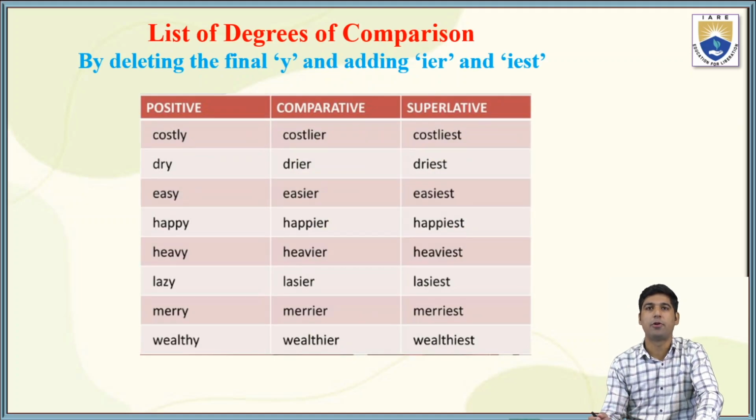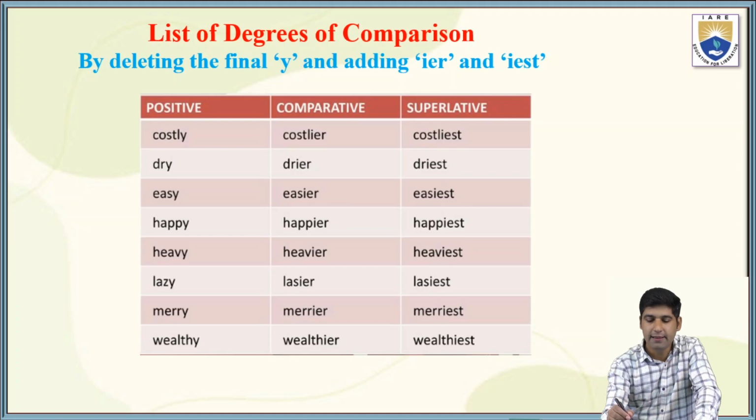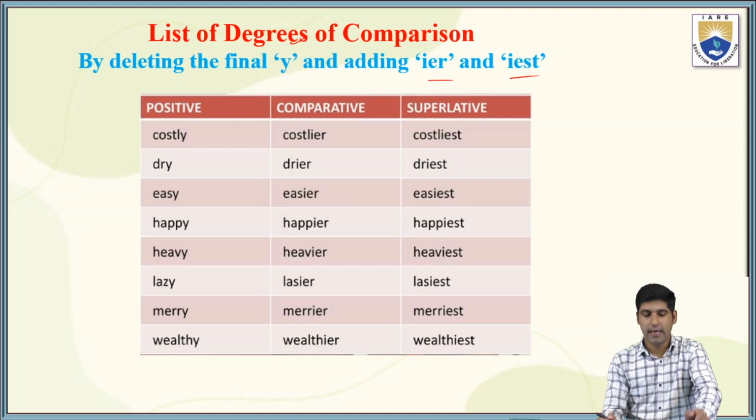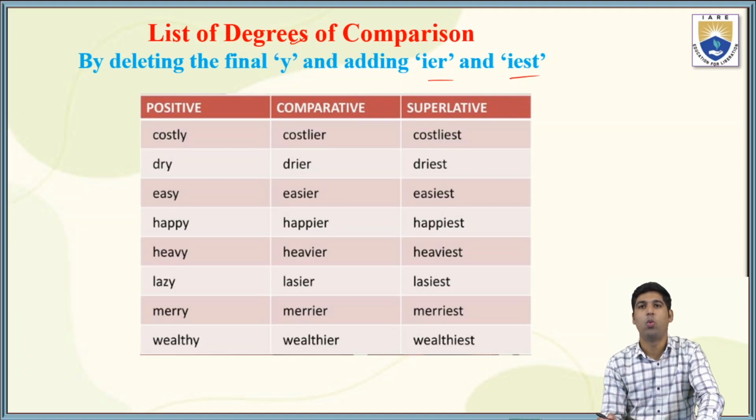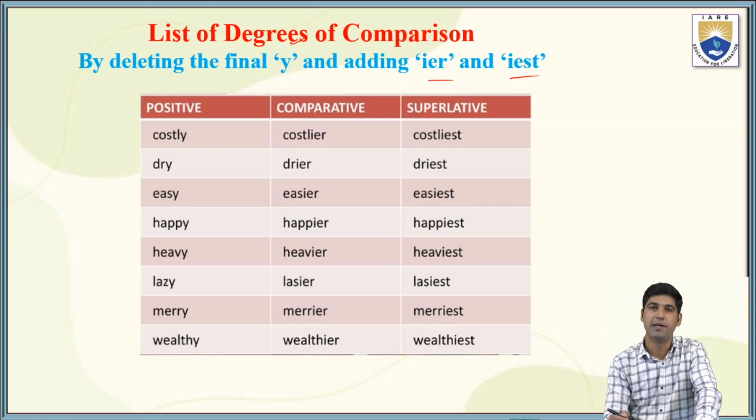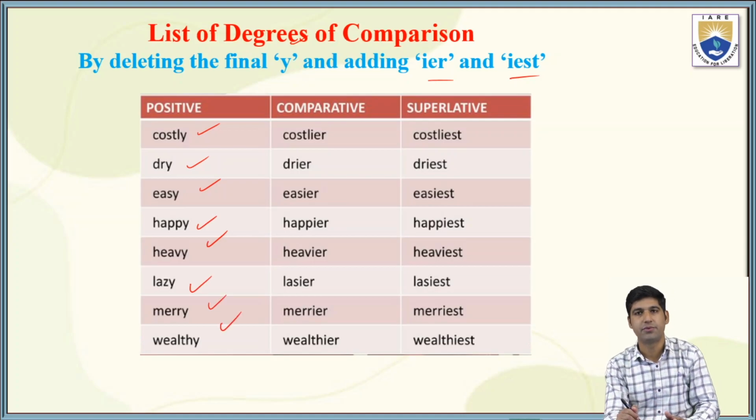Now the list of degrees of comparison by deleting the final Y and adding IER or IEST. These are the words where we can delete the final Y and add IER for the comparative degree and IEST for the superlative. Please read the words first. Costly, dry, easy, happy, heavy, lazy, merry, wealthy. These are the adjectives.